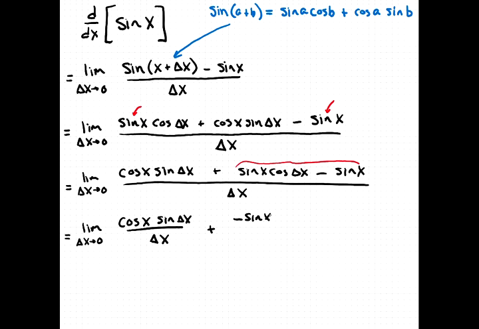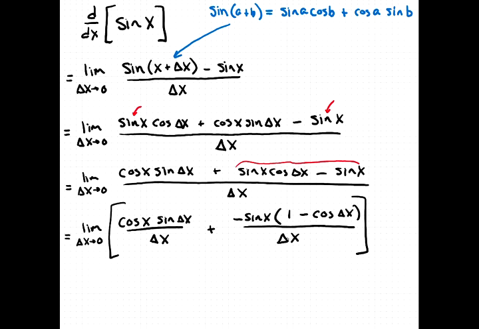Negative sine of x, 1 minus, and if we factor out this sign, we'll have a cosine of delta x all over delta x. So we're taking the limit of this whole quantity.